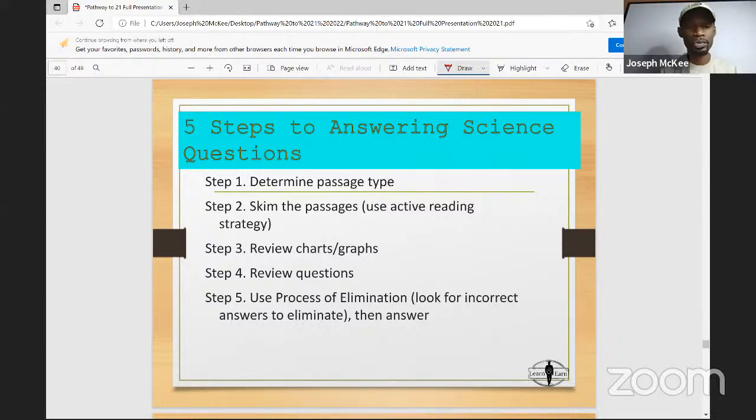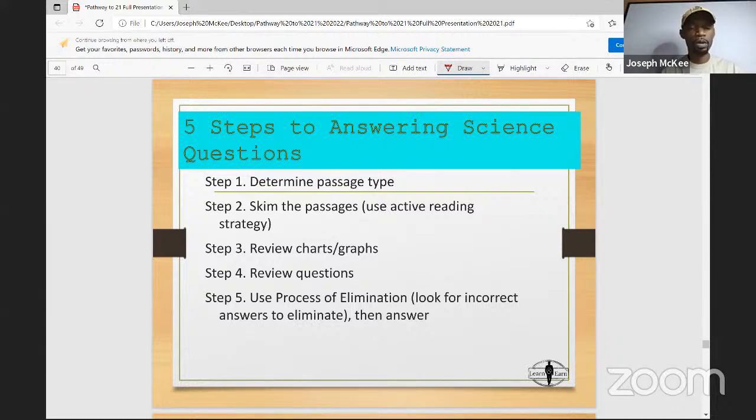Step 2, skim the passages. Use that active reading strategy. Underline some key things. Identify keywords. Circle key variables. Step 3, review your charts and graphs. We've all been exposed to tables. We've all been exposed to some charts and graphs. We got to review those charts and graphs.